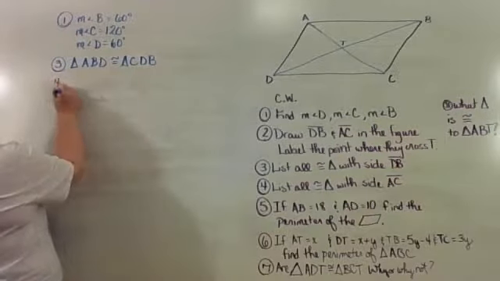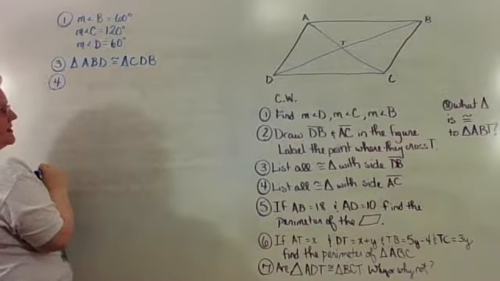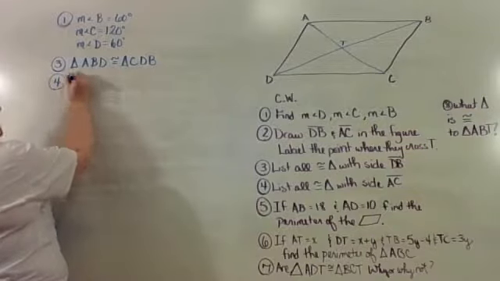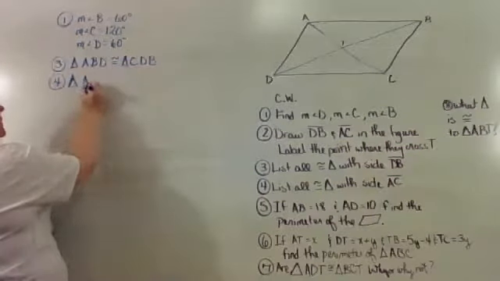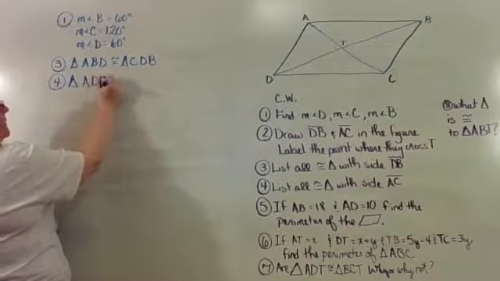Number 4, list all congruent triangles with side AC. So that'll be triangle ADC.